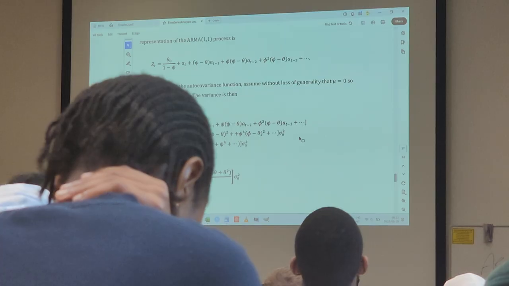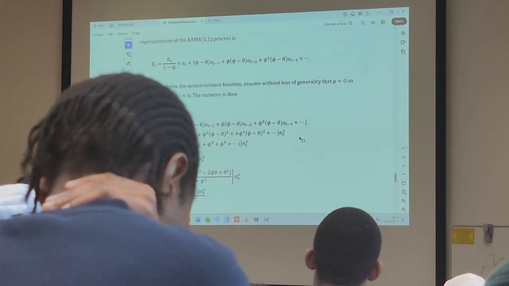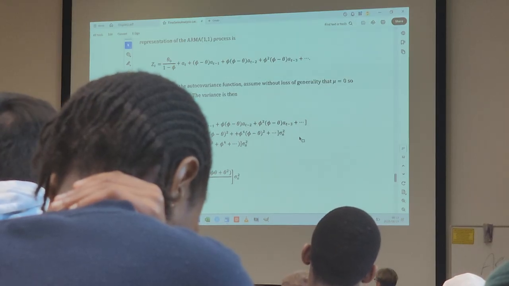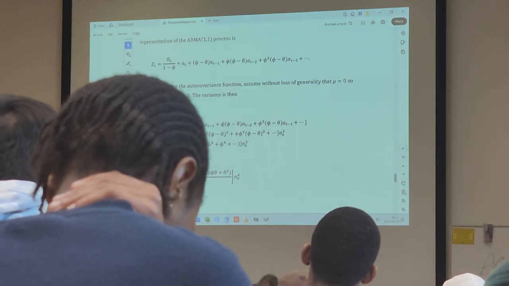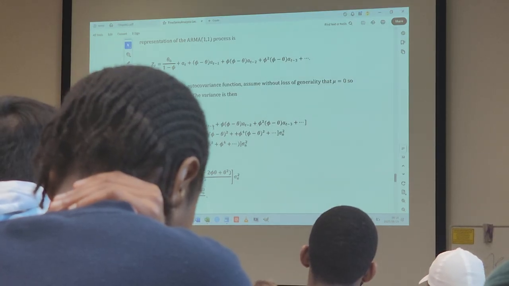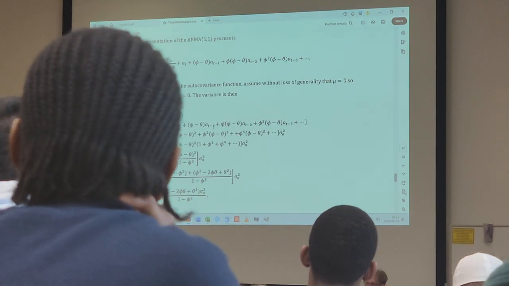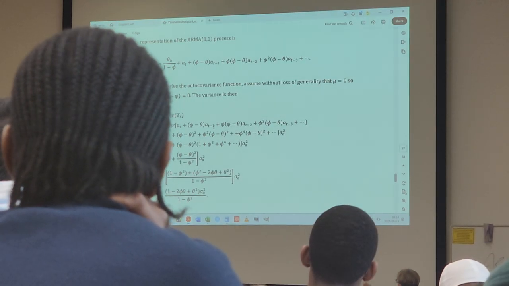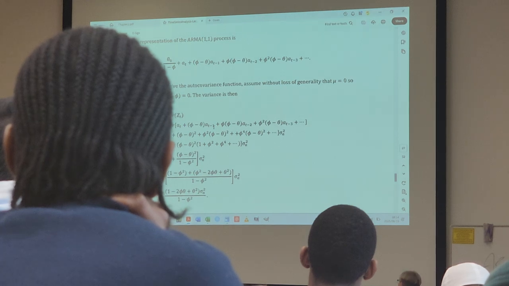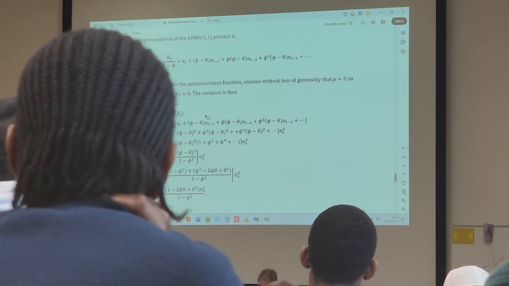So 1 plus, and you work out all the variances; the coefficients in front of the white noise terms you need to square. Why are we not concerned about covariances here? Because white noise is uncorrelated. So the covariance between a_t and a_t-1, or a_t and a_t-2, between a_t-1 and a_t-3, all the covariances equal 0. That's why the variance is rather straightforward.